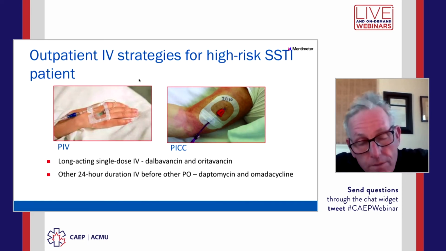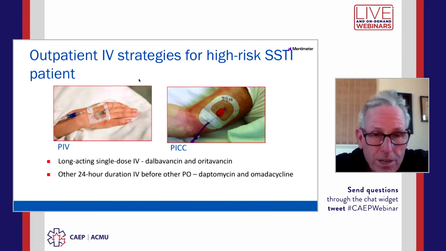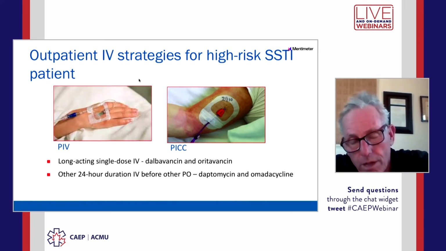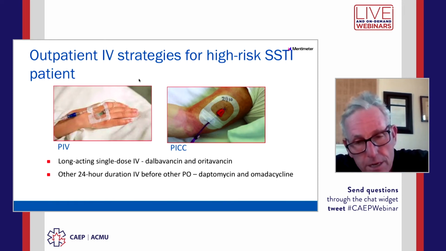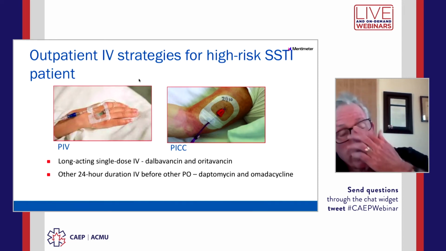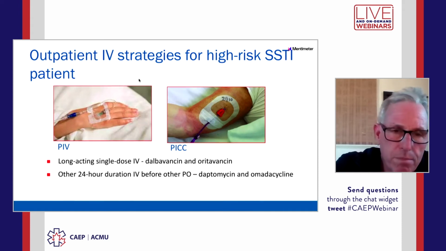If you give intravenous antibiotics in the hospital, you know the patient will adhere to the drug regimen, whereas if you send somebody home with oral antibiotics, they may not adhere, or the oral antibiotics may not achieve levels in the tissue sufficient to cure the person of their skin infection.